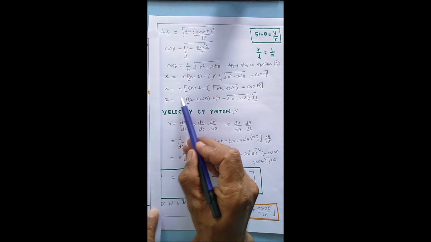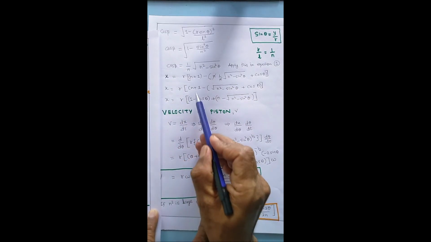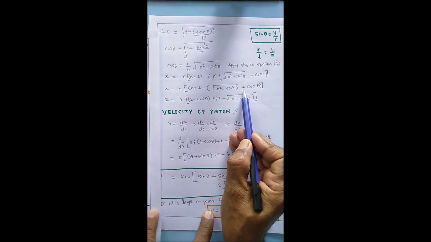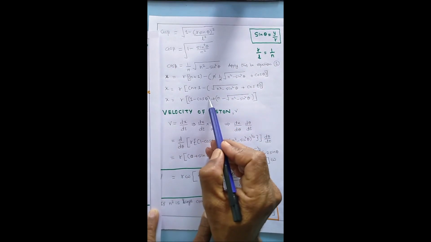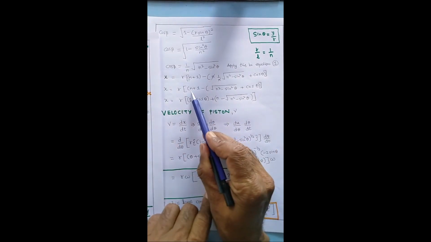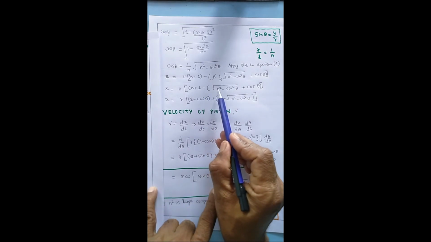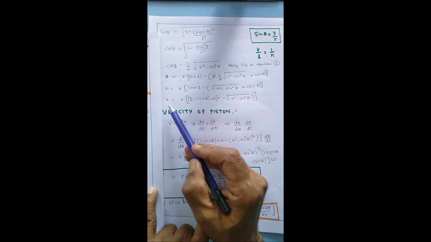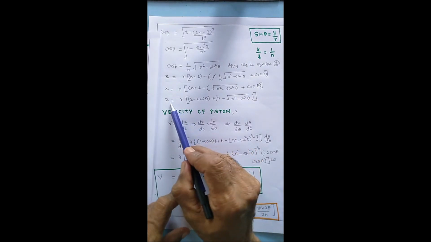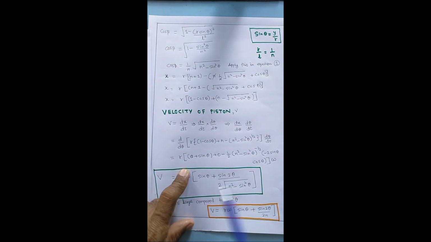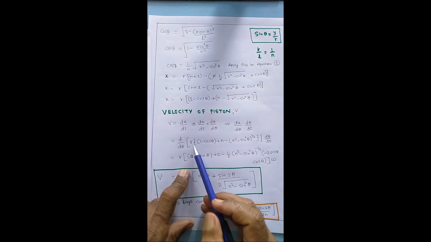X is equal to r into, this minus into plus, that is minus cos theta, so 1 minus cos theta, then plus n minus root of n square minus sin square theta. So the displacement x is equal to r into this term. Now using this result, we can derive the velocity of piston.